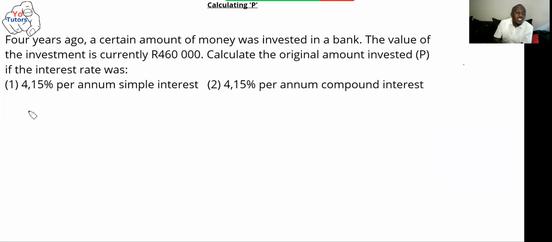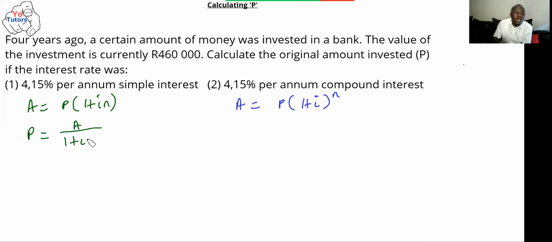We know from the formulas that A for simple interest is equal to P(1 + in), and for compound, A is equal to P(1 + i) to the power of n. But now we are looking for P. So P is going to be equal to A divided by (1 + in).